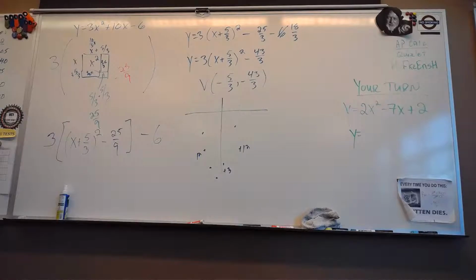Uh-oh. 3.5 and 3.5 makes 7, but you've got 2 of them. Really?